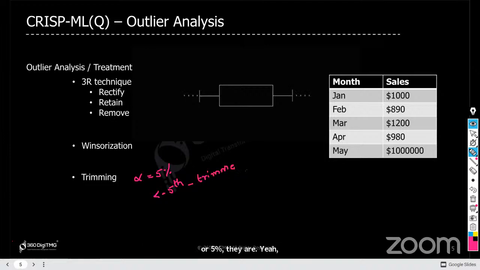We are removing those values. And whichever values are greater than the 95th percentile, they are also removed. So in Winsorization, we are replacing those values with the percentiles, whereas in trimming, we are trimming those data. That is the difference between Winsorization and trimming.